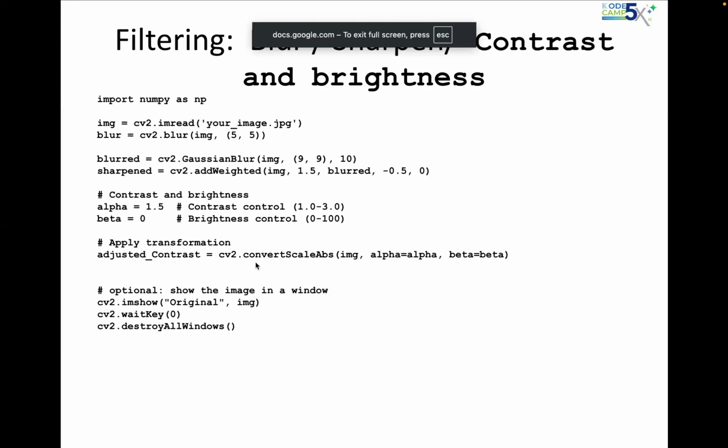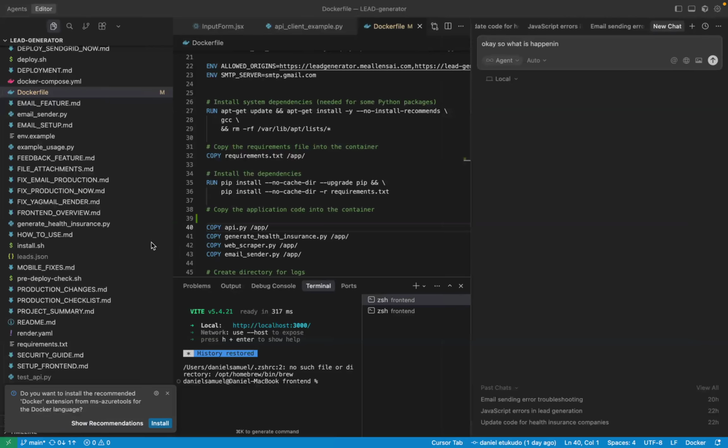Then we pass in our image and the alpha. This alpha is going to control the contrast, and then the beta is going to control the brightness, and then we can run it.